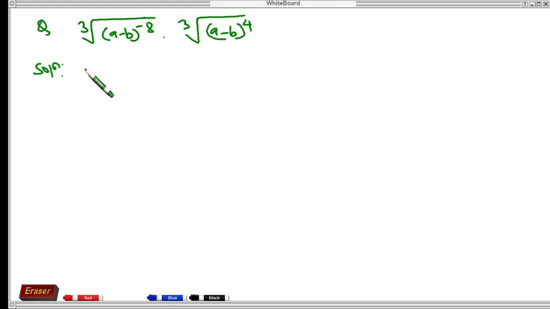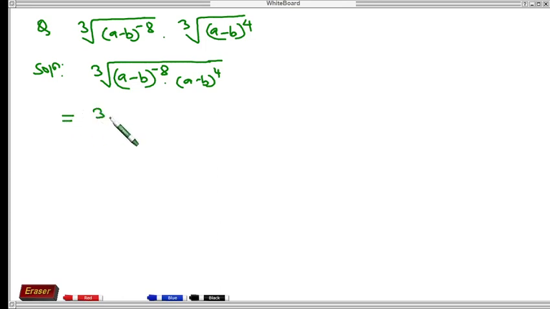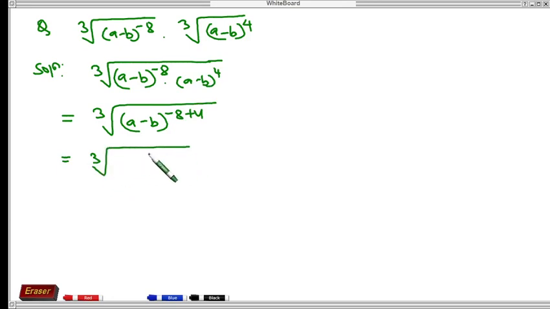So we can write the cube root of (a minus b) to the power minus 8 times (a minus b) to the power 4. They are like terms, so the powers are added: minus 8 plus 4, giving the cube root of (a minus b) to the power minus 4.